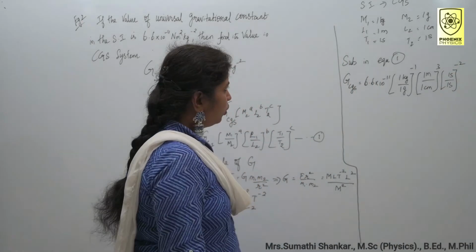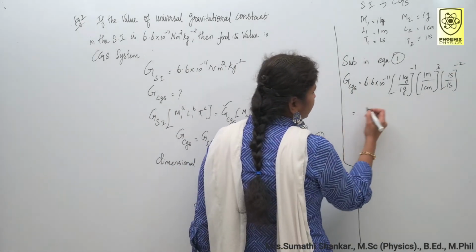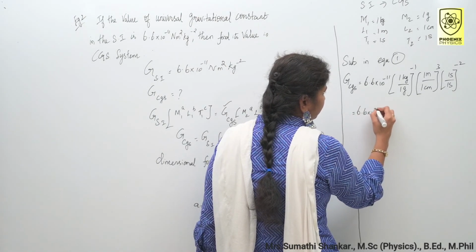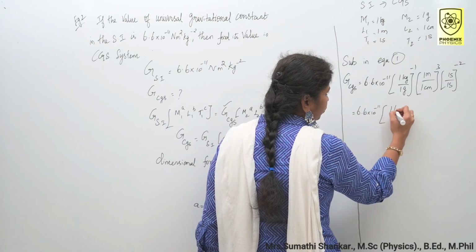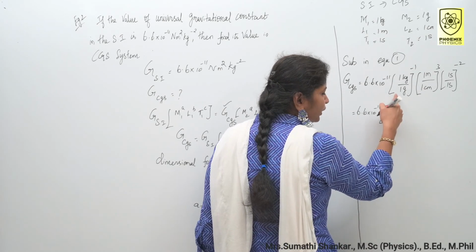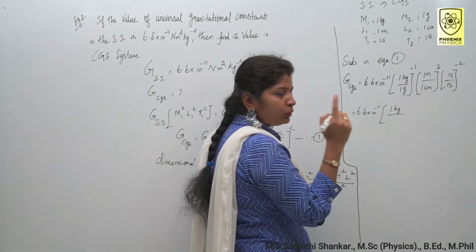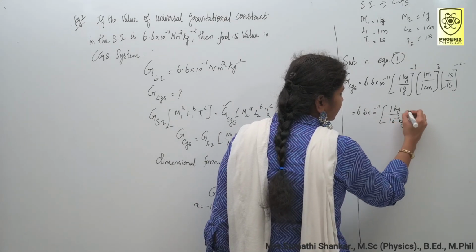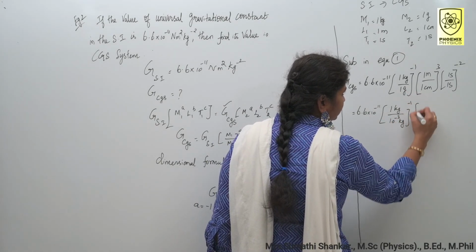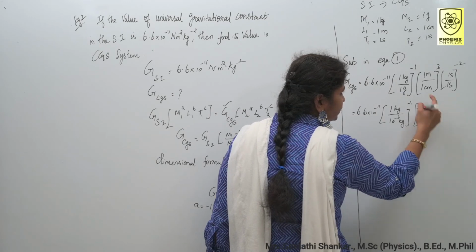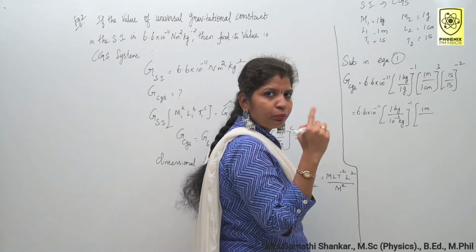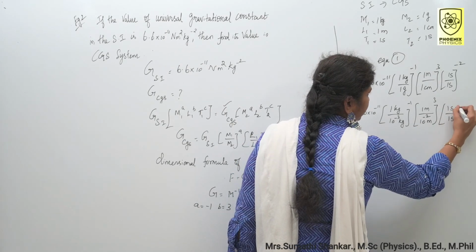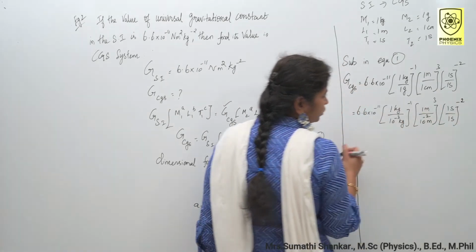Okay. Now you convert 1 gram into kilogram, that is 6.6 into 10 to the power of minus 11 into 1 kilogram. 1 gram is equal to 10 to the power of minus 3 kilogram, the whole power minus 1. And here also 1 centimeter is equal to 10 to the power of minus 2 meter. 1 second divided by 1 second, whole power minus 2.